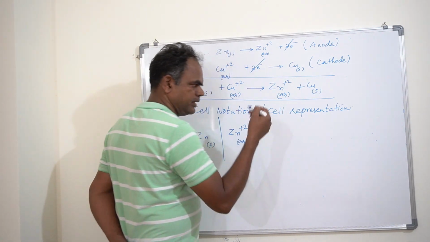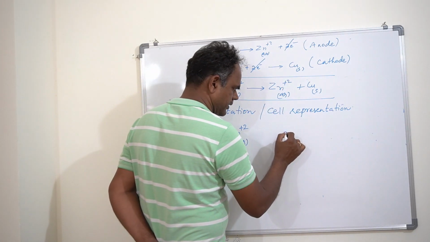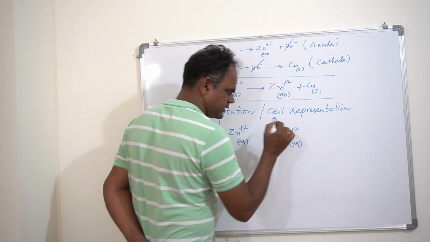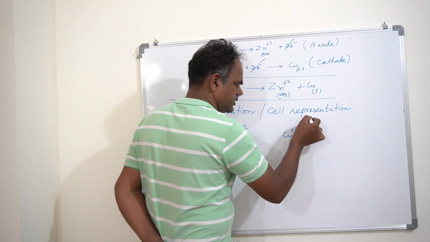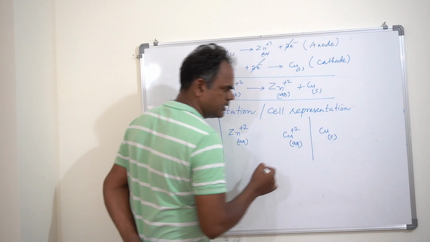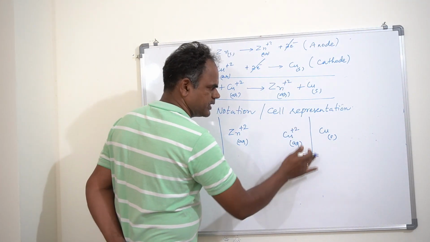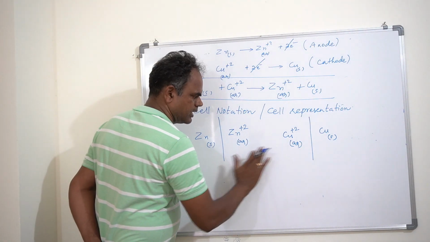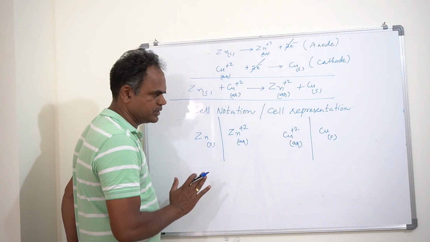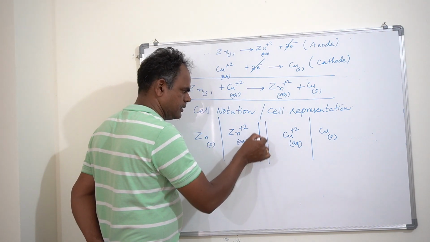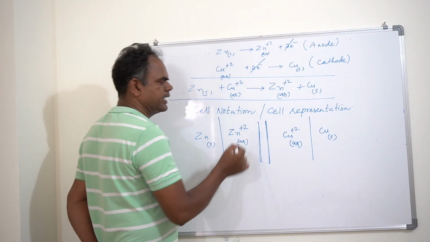And in the other half cell, cupric ions present in aqueous solution are separated from pure copper metal by a vertical line. And these 2 electrolytic solutions are separated by a salt bridge, which is indicated with 2 vertical lines.